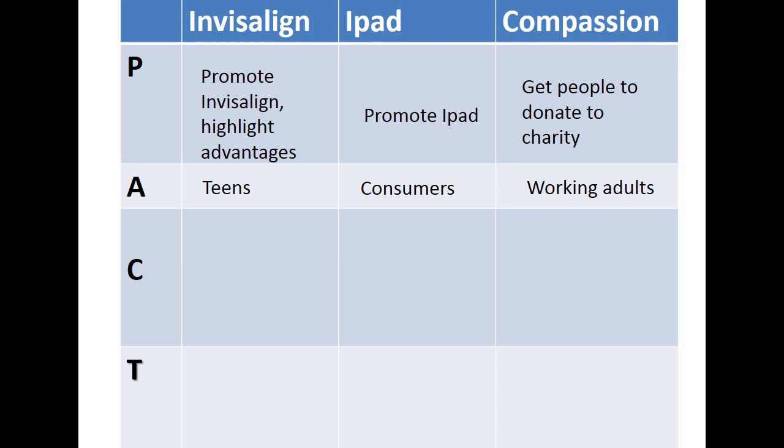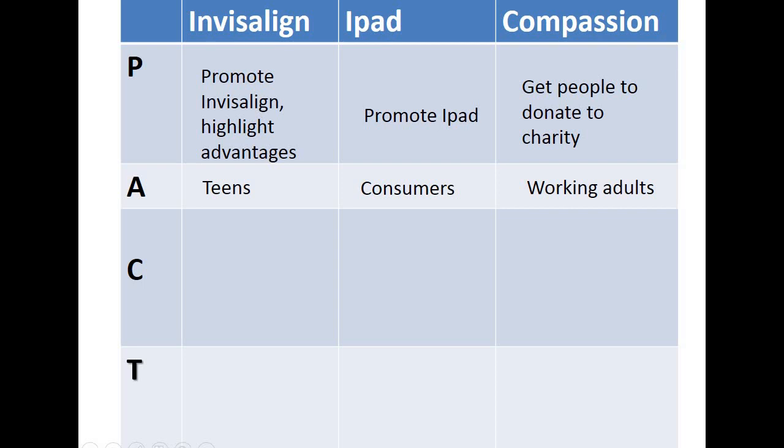Okay, so the 3 advertisements. What is our PACT? The first one I've already talked about: to promote Invisalign, to highlight its advantages, to inform your audience, to raise awareness about the advantages of wearing an Invisalign. The target audience are teens.